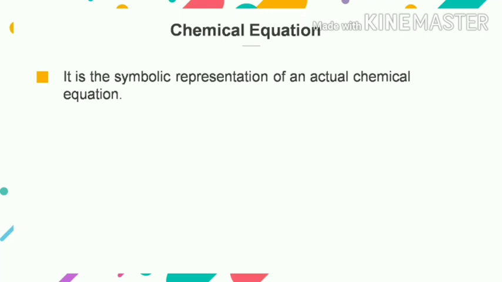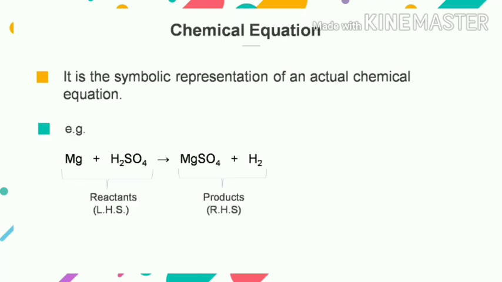For example, if during a reaction magnesium reacts with sulfuric acid to form magnesium sulfate and hydrogen, we'll write the equation like Mg plus H2SO4, then we have to put the arrow and then we'll write the products, that is MgSO4 plus H2.